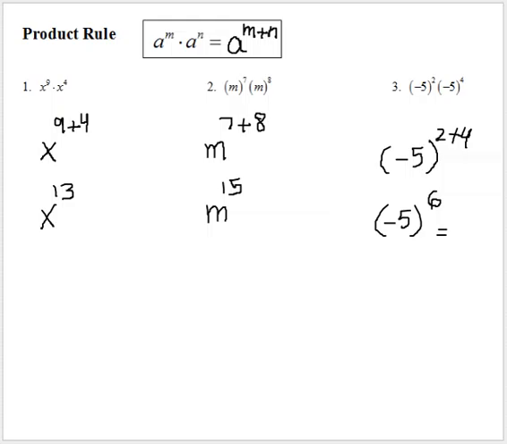What would be the answer if we raise this to the power of 6? You can use your calculator.